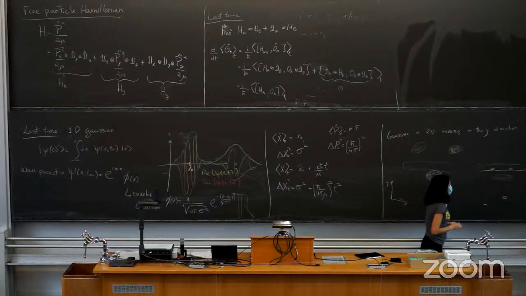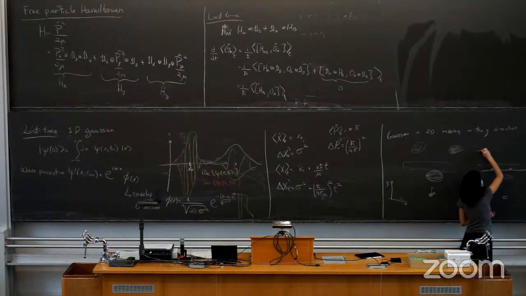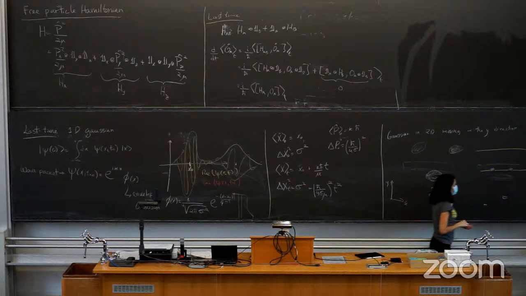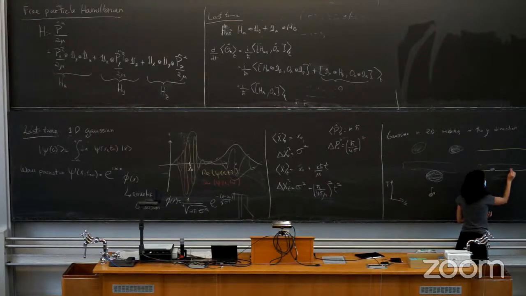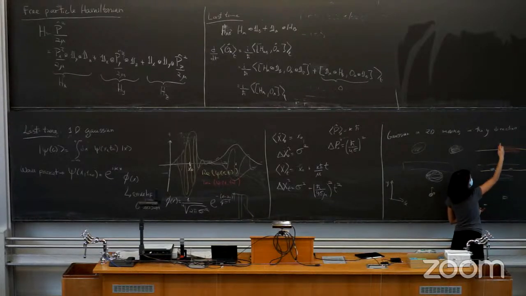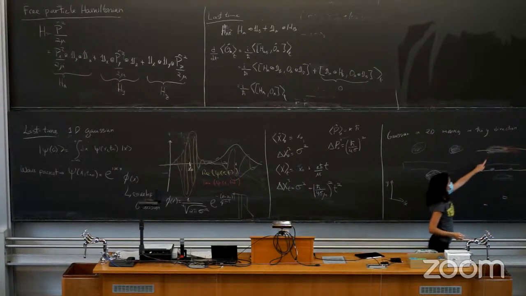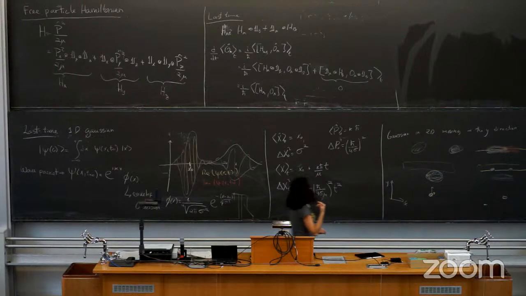And then I see what happens after a while. Let's do them in different colors. This blob is going to expand as well, and this blob is going to expand as well. So then there's going to be some overlap between the two. And then it will matter that they're not just blobs, they actually have these waves.